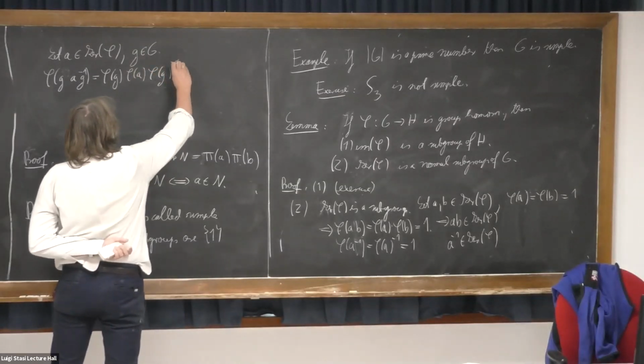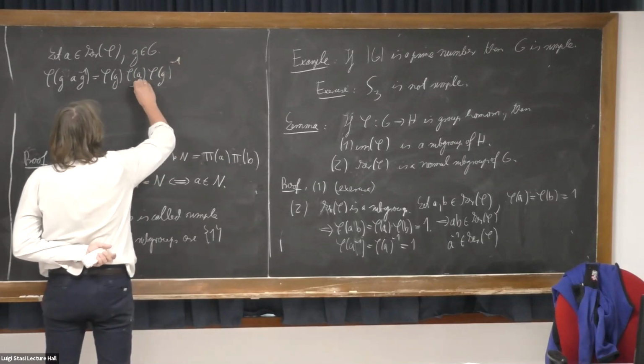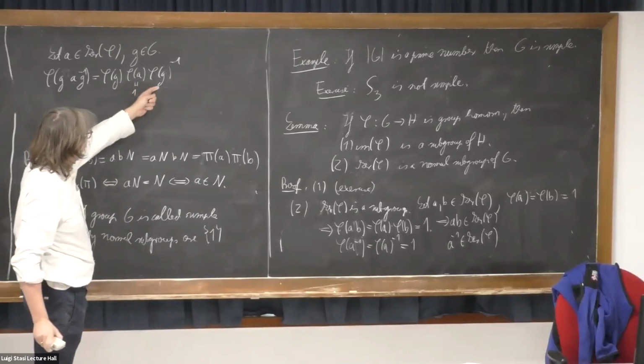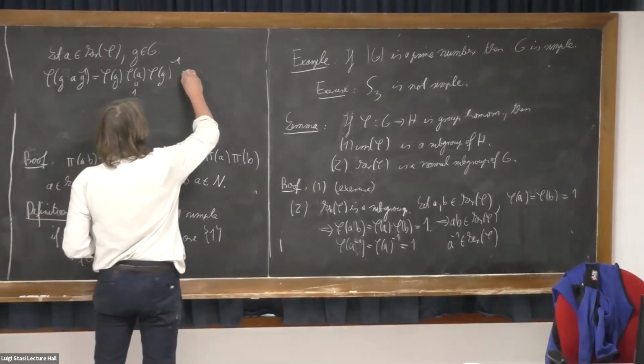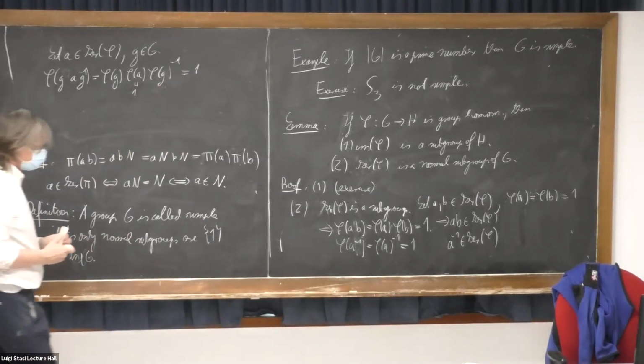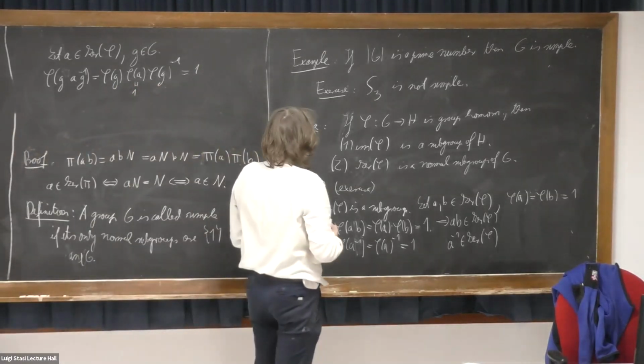This one is equal to 1, and so we have 1 times something times its inverse, so this is equal to 1, and so we see that the kernel is a normal subgroup.